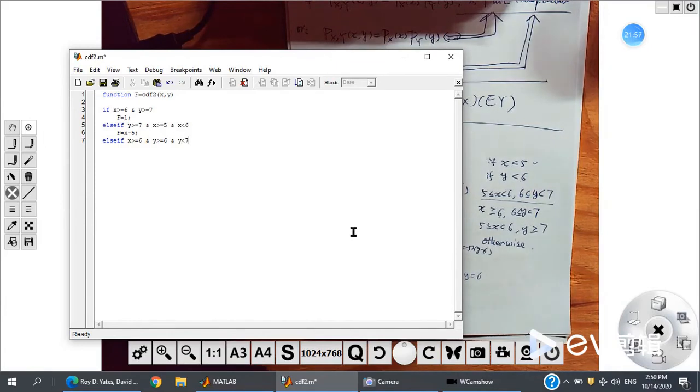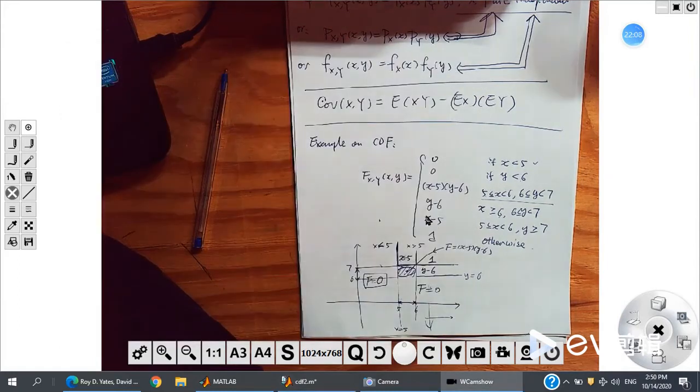Y is between 6 and 7. In this case, f is y minus 6.